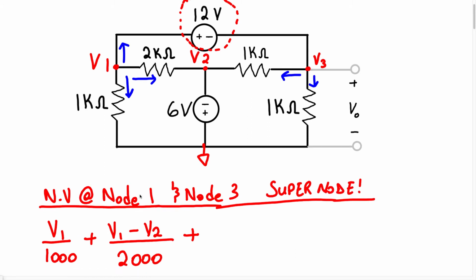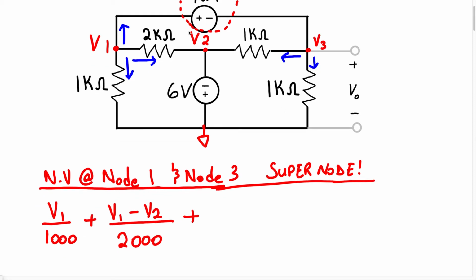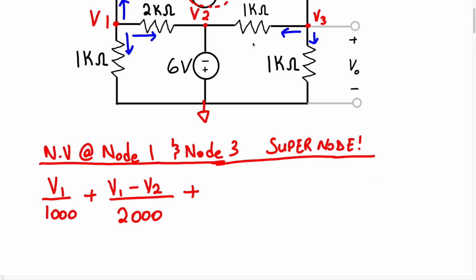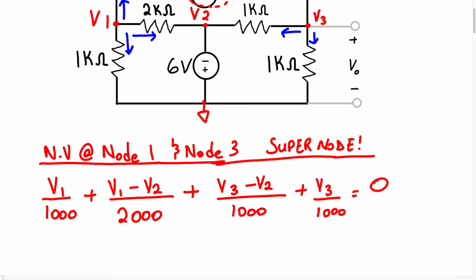Now let's continue. So we're going to have V3 minus V2 divided by 1000 for the current in this branch. So you have V3 minus V2 divided by 1000 plus we have V3 divided by 1000, and that's going to give us the current in this branch. You have V3 divided by 1000, and that's going to equal 0.